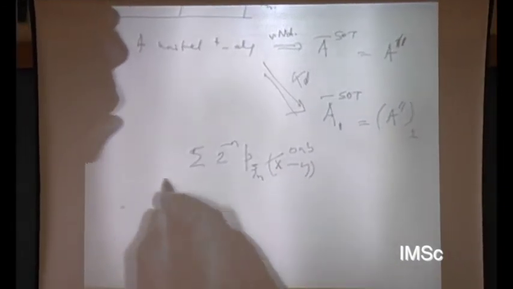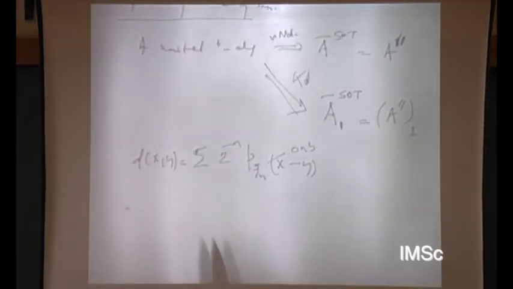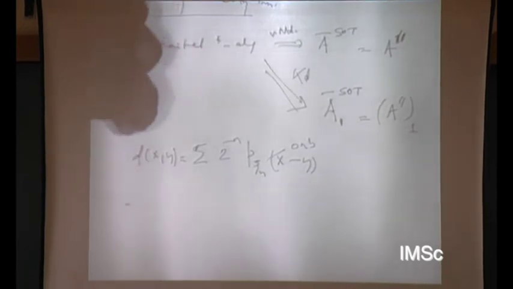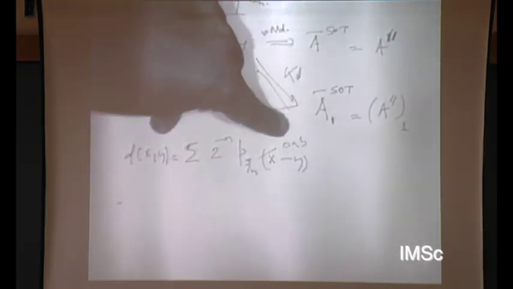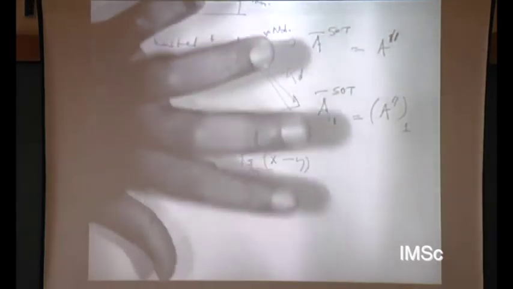I can define the sum of 2 to the minus n times the norm of (x minus y) xi_n as the distance of x and y. Because you are on the unit ball, these things are all bounded uniformly, so the series converges. Convergence in this metric is equivalent to convergence against each xi_n, and hence against any xi.